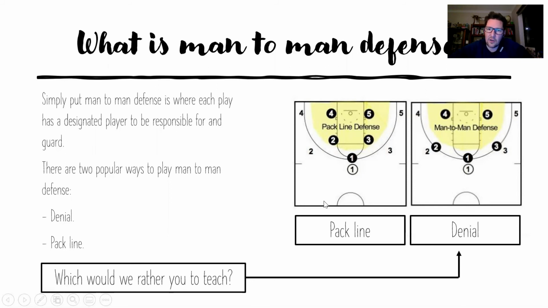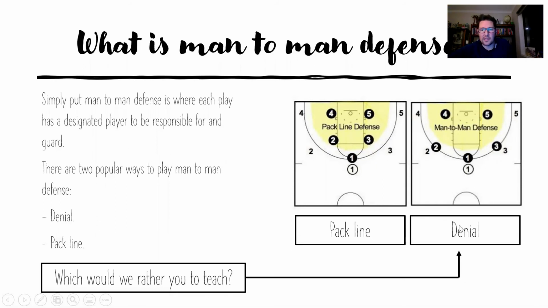In this pack line position here, if player 3 cut through to the baseline, in a zone the defender would stay there, but in a pack line man-to-man, the defender would move positions and be near them. Pack line is also quite easy to pick up and to run. It's not very challenging because players 2 and 3 only do something when their player has the ball.